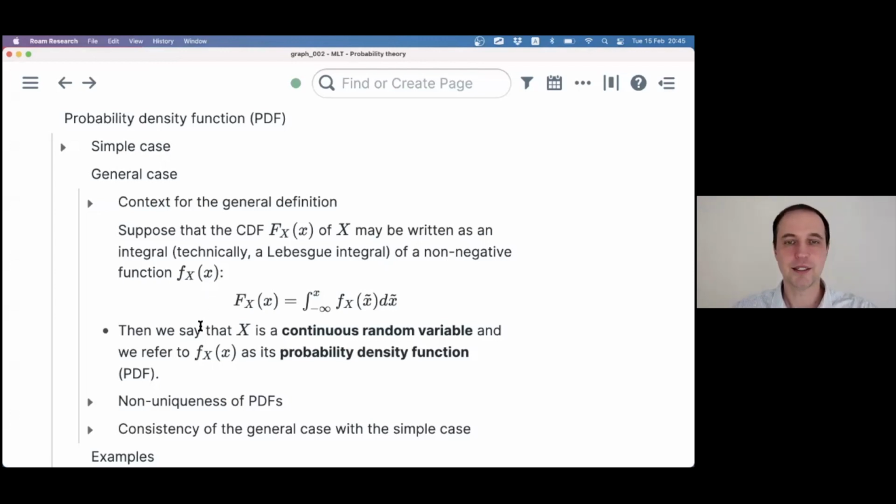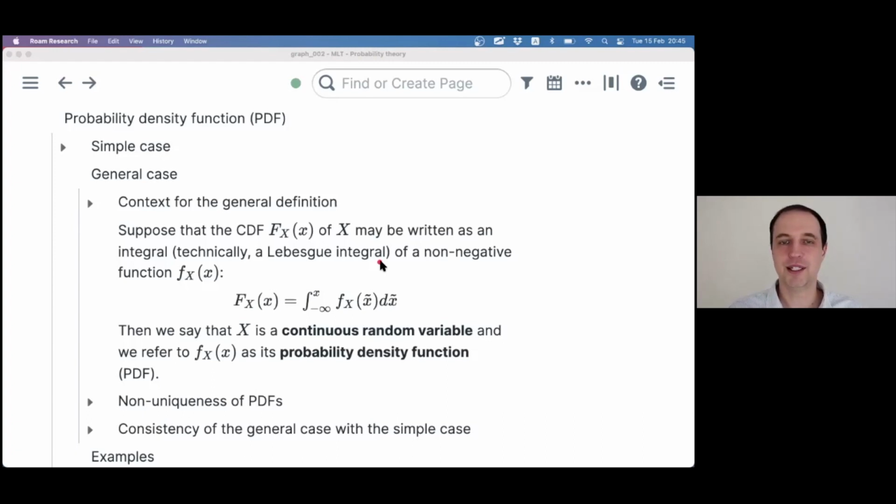Now, technically, what is the meaning of the integral? For us, it will be the Lebesgue integral. If you haven't seen measure theory and the Lebesgue integrals, we can definitely cover that. We already have all the mathematical machinery that we would need to define Lebesgue integrals, so maybe in some future sessions, I could do that.